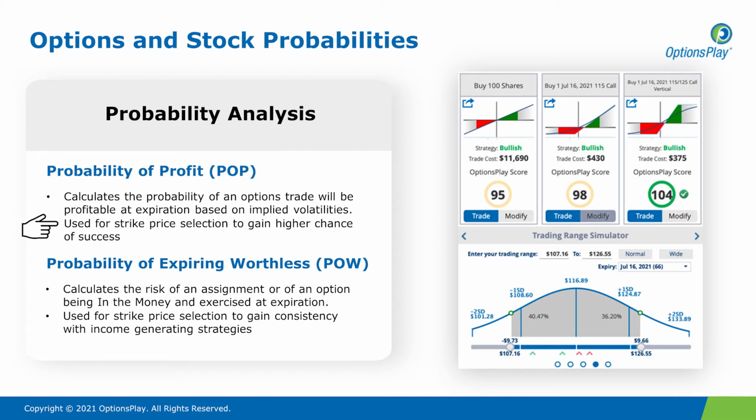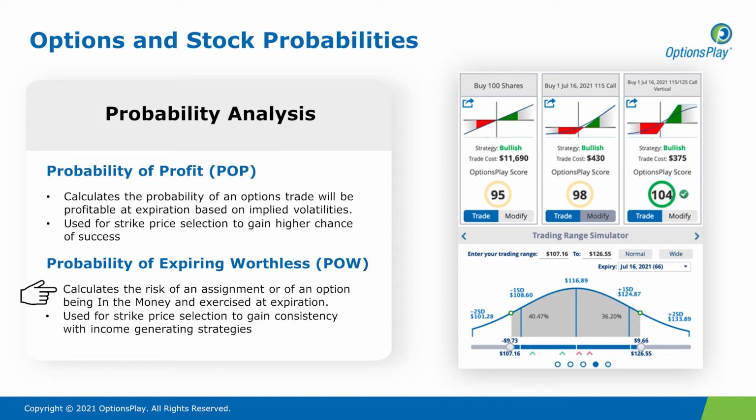And the probability of expiring worthless is also very important for certain strategies. Any strategy that involves a short options leg, whether you're selling a covered call, a cash secured put, or trading a more complex strategy like a credit spread or a straddle, the probability of expiring worthless is very important in understanding your risk of assignment, your risk at exercise of potentially being long or short the stock as a result.